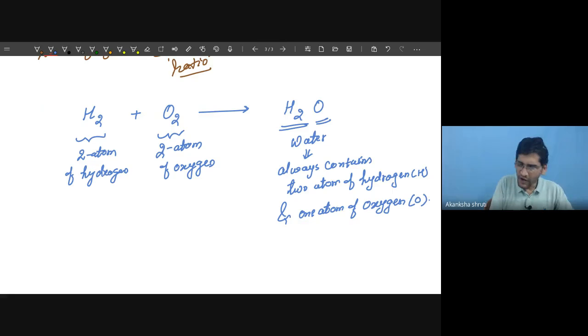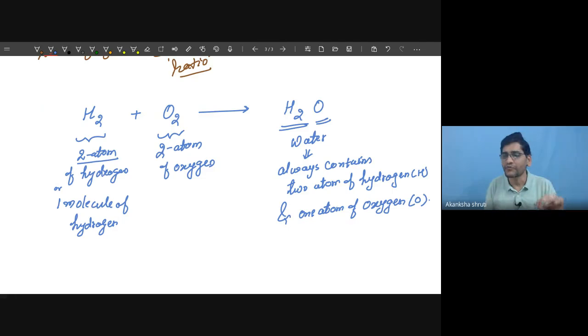So these two atoms of hydrogen exist in the combined form. So it is one molecule; whether it is written as two atoms of hydrogen or one molecule of hydrogen, it means one molecule of hydrogen contains two atoms of hydrogen.